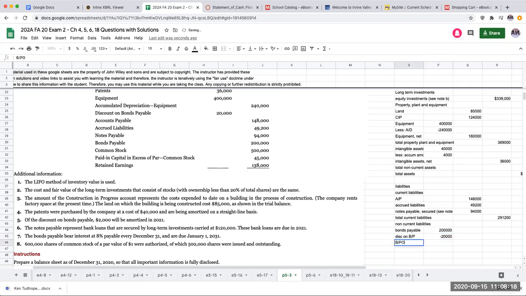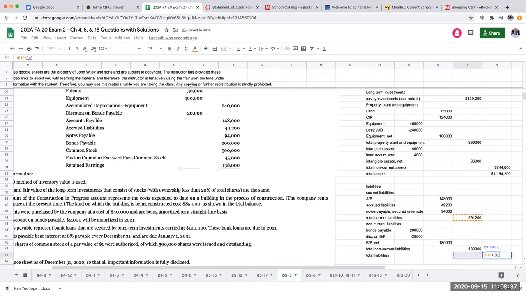So my bonds payable net is going to be 180,000. So my total non-current liabilities is going to be 180. My total liabilities will be the 291,200 plus the 471,200.